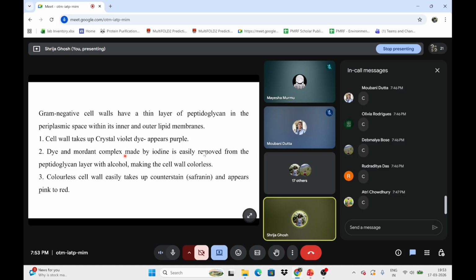Is this clear to everyone? I hope everybody understood the gram staining procedure. If you have any doubt on this, please let me know. Any doubt?